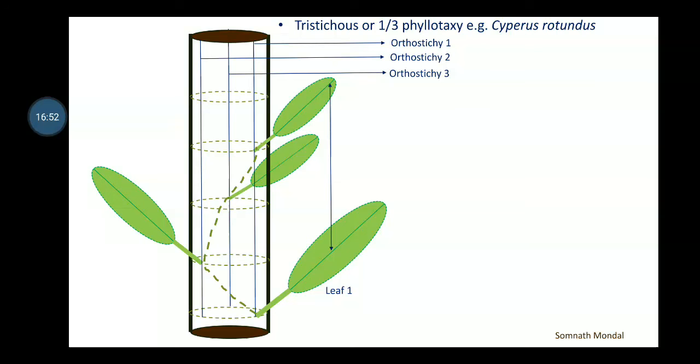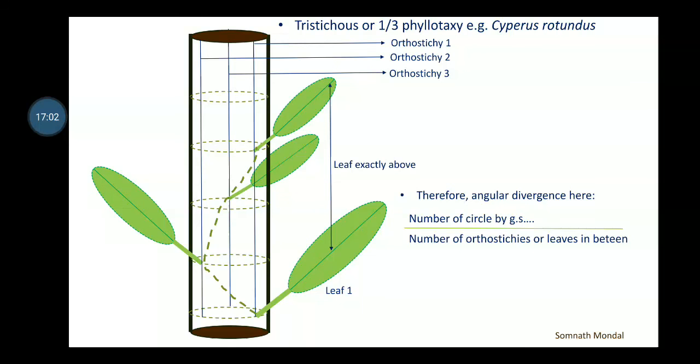So the genetic spiral is taking a complete turn, and in between it is covering 3 orthostiches or 3 leaves. Therefore, number of circles covered by genetic spiral is 1, divided by number of orthostiches or number of leaves, 3. So that is why it is called 1/3 phyllotaxy. 1/3 into 360 degree, so the angular divergence will be 120 degree.